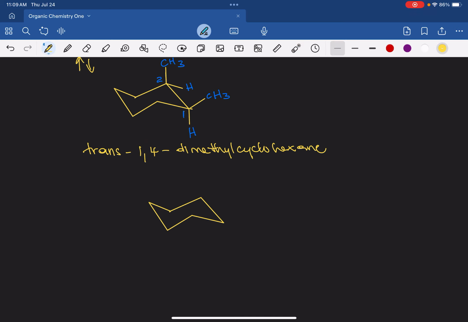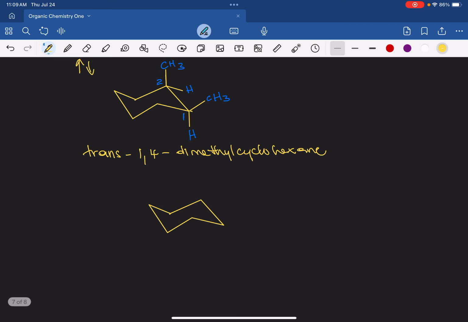So let's draw that chair. And they must be on opposite sides of the ring. One must be up, one must be down. So let's do this. I love to stay on the nose. So that right there, I'm calling this carbon 1.